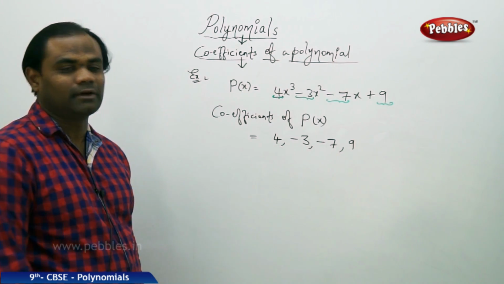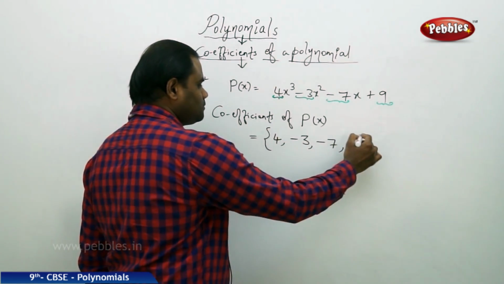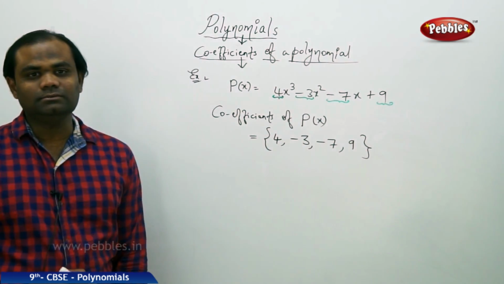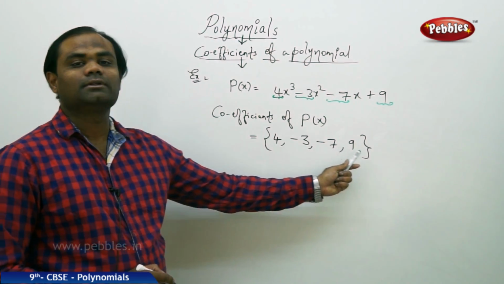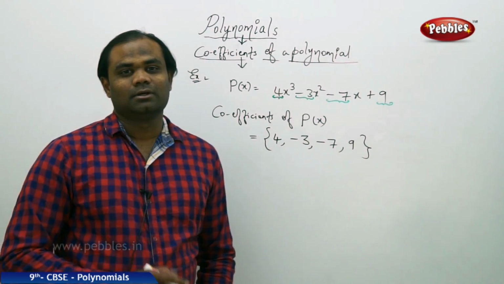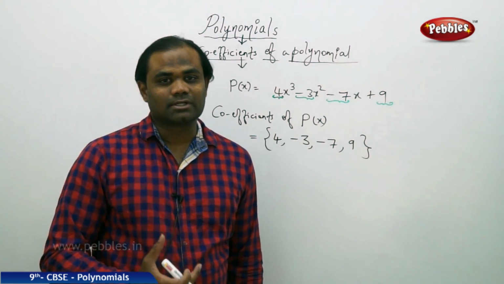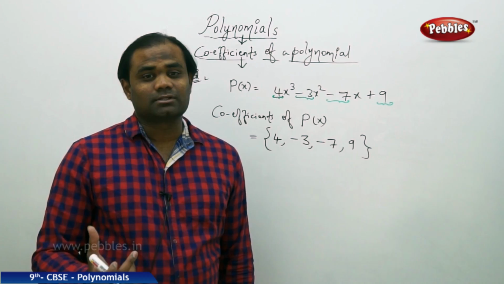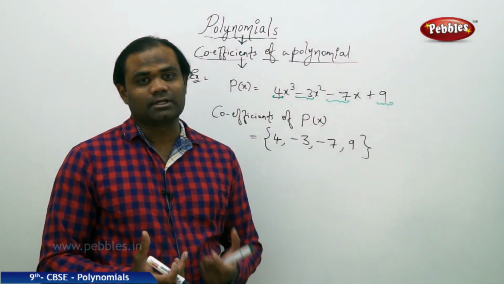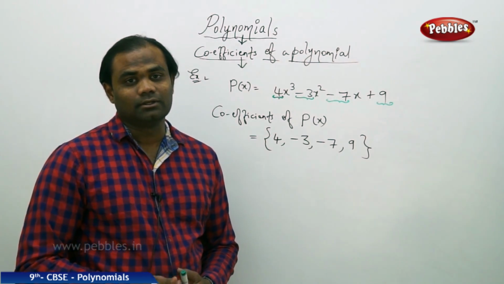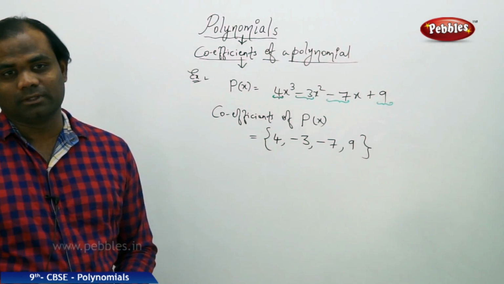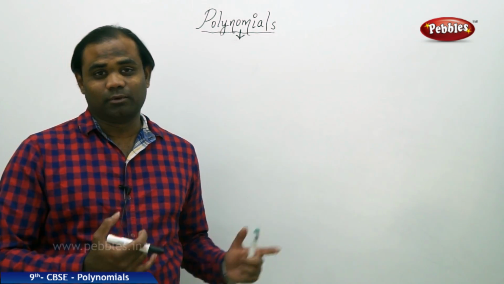The coefficients are 4, minus 3, minus 7 and 9 for this given polynomial. Coefficients are the real numbers, or real constants, attached to the variables, is how we identify the coefficients for a polynomial. Now let's see some special types of polynomials.